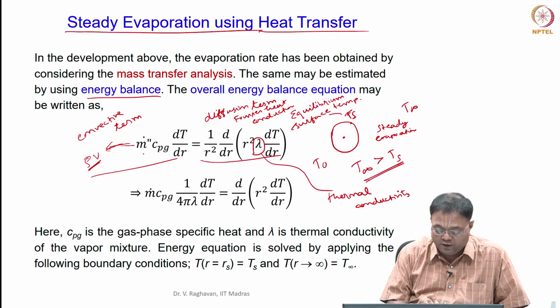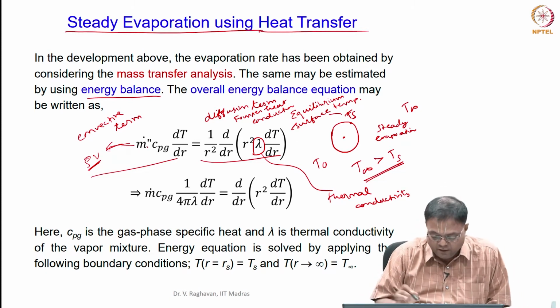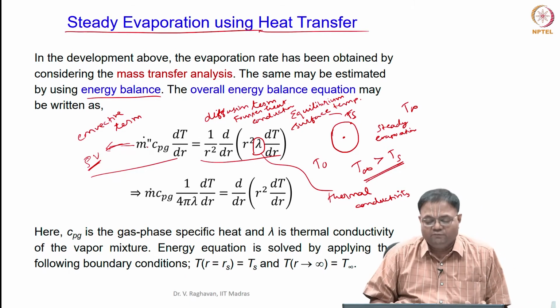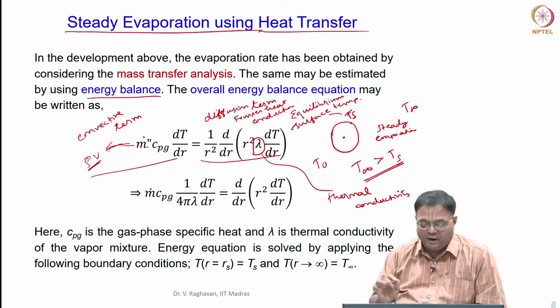Now, this is the energy balance we have. There is no source term or any chemical reaction. In fact, for the diffusion flame, we do not need to consider the chemical reaction at all.